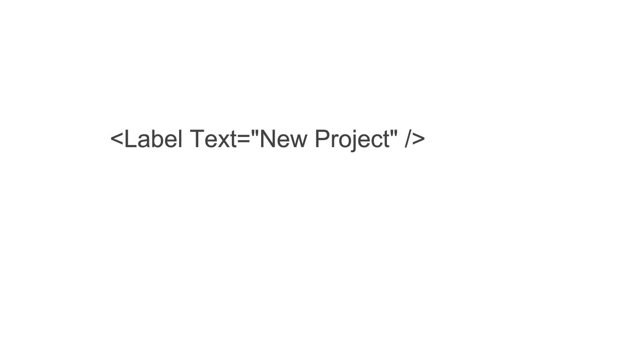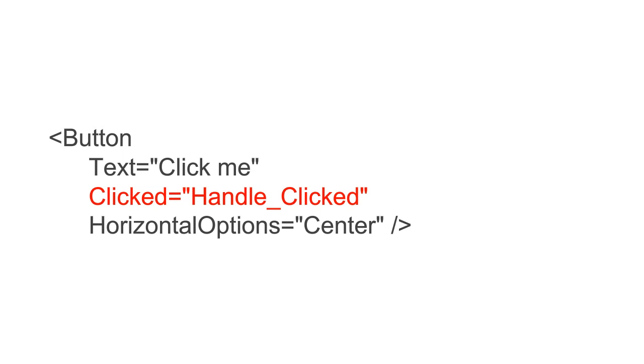Before we examine the button, we need to understand code behind versus view model. Every XAML page has attached to it a code behind page. If you have, for example, a page named page 1, you will have associated with it page1.cs.